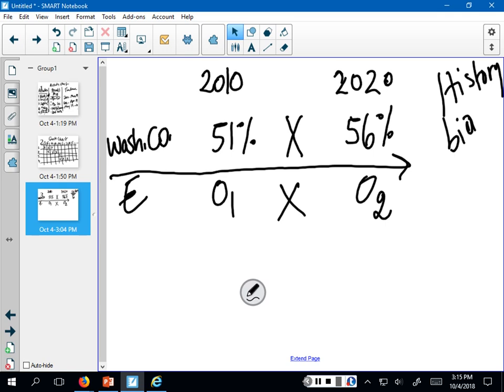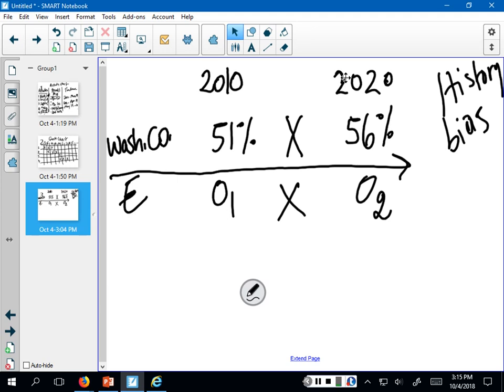So history bias is an event, again, not related to our program, not related to X, but related to another program or policy that occurred between 2010 and 2020 and either caused or at least in part contributed to the observed change.